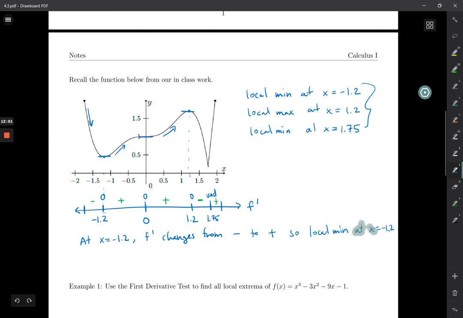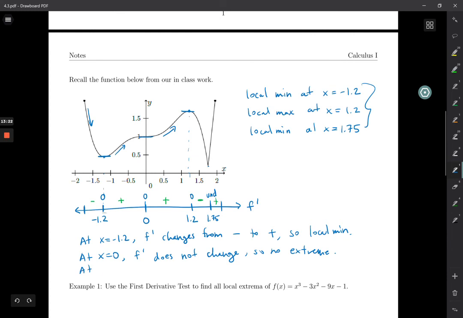I guess that part is kind of redundant because we wrote that at the beginning of the sentence. Local min there. Now going to the next point, that will be at x equals 0. F prime does not change. So that means that we don't get a local extreme.